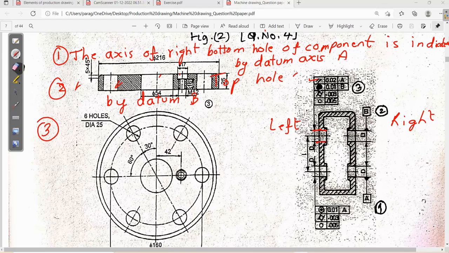For this hole, we have to measure parallelism. How will you write this? See what is written. This particular hole, where is it? Left and at top.